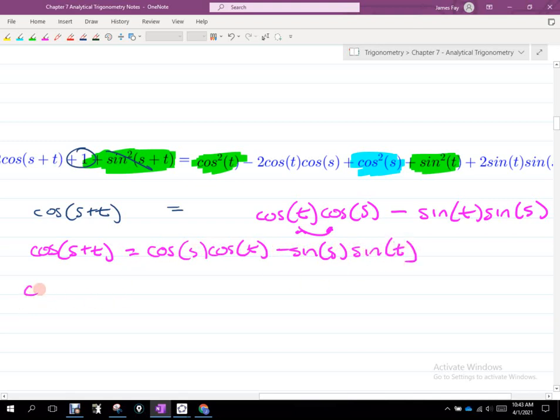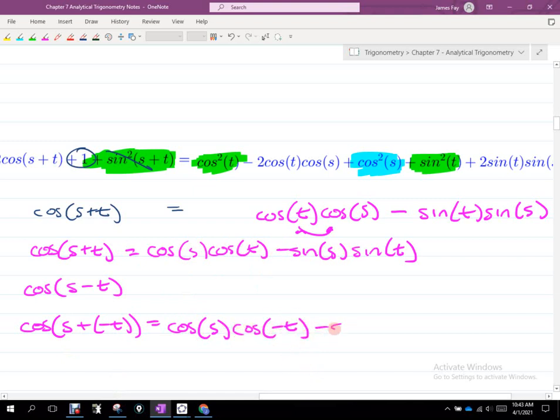But let's say that we wanted cosine of s minus t instead. Is cosine of s minus t the same thing as cosine of s plus negative t? Does it still say minus t? So let's go ahead and apply this rule here to this stuff. So I've got cosine of s cosine of negative t minus sine of s sine of negative t.